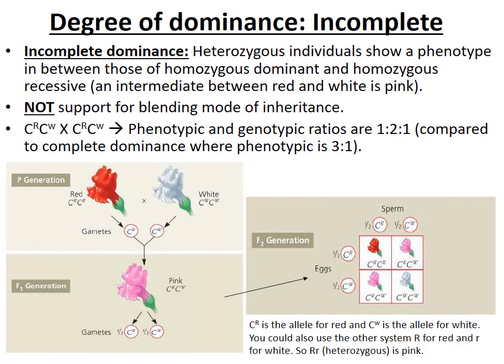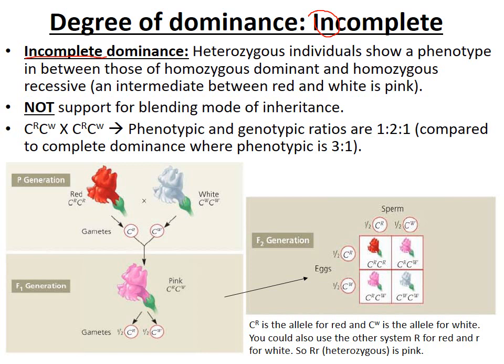Now, in some cases, you don't get complete dominance. You get something called incomplete dominance. In the case of incomplete dominance, the dominant allele is not completely dominant to the recessive one. It tries to overpower the recessive one, and I shouldn't speak that way, but I'm just simplifying it, but it doesn't.